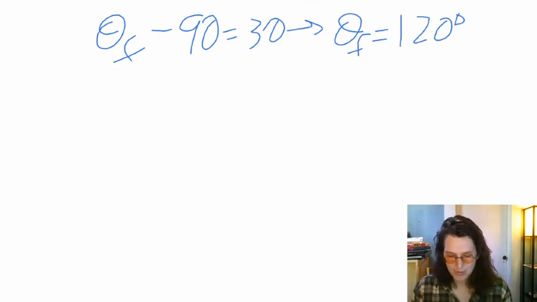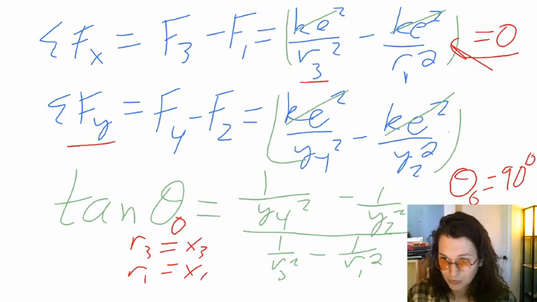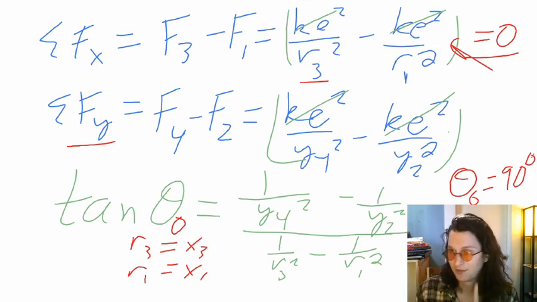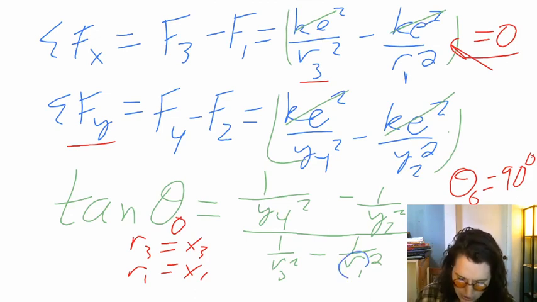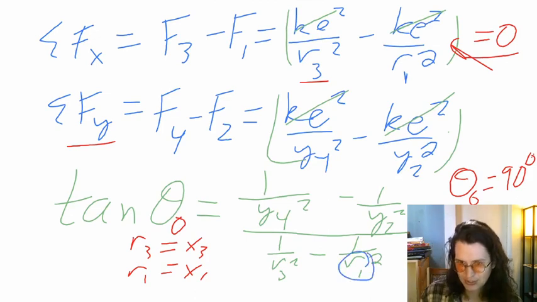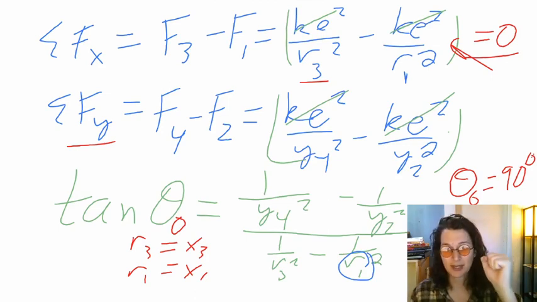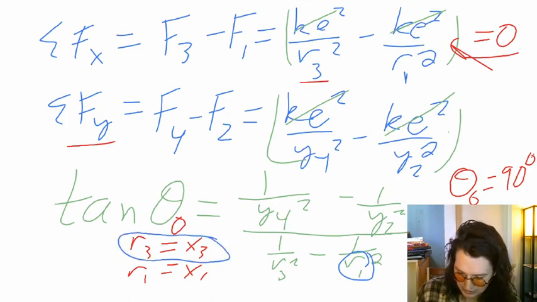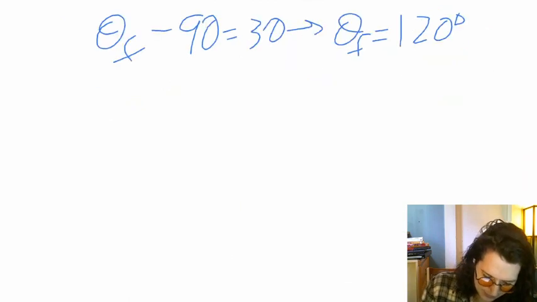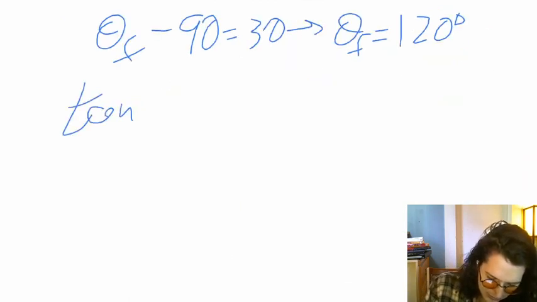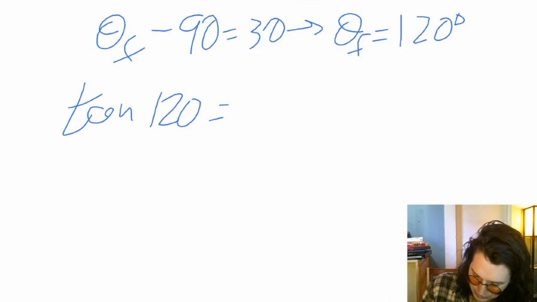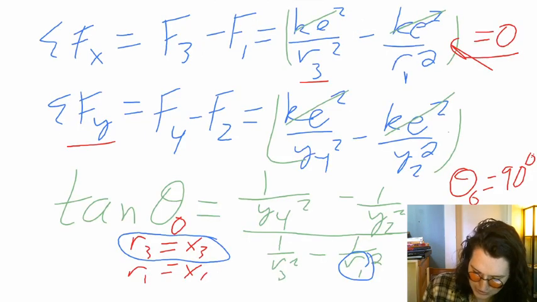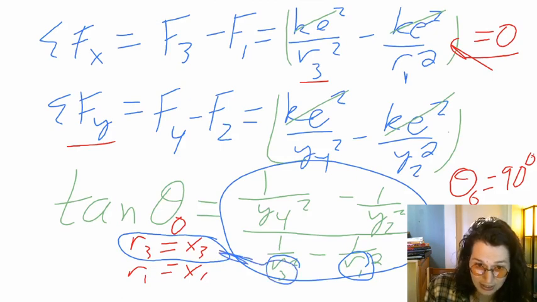So what I want to do is I want to move particle 1 first. So I want to change this R1 and I want to produce an angle of 120 degrees. So I'm going to let R1 be the variable here. I'm keeping R3 fixed where it is. So for R3, I'm going to go ahead and plug in X3, and that will thus give me something like tangent of 120 is equal to all this stuff over here with R3 substituted out for X3.